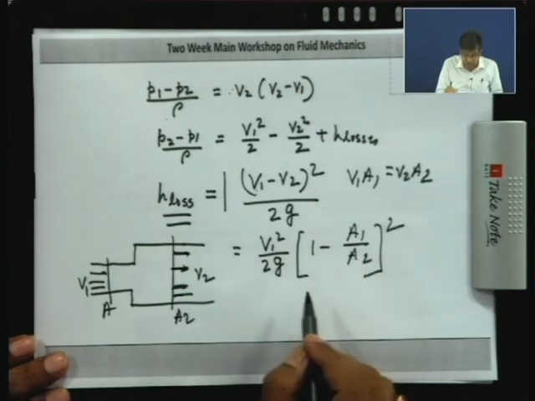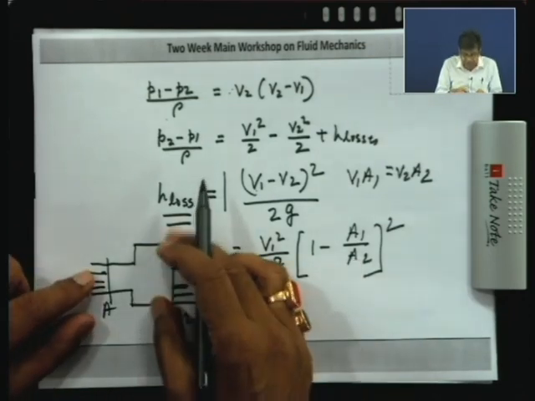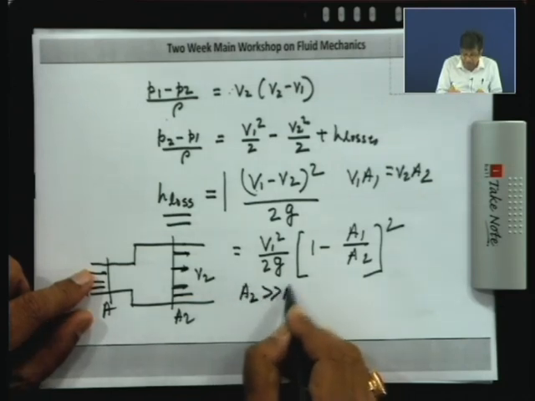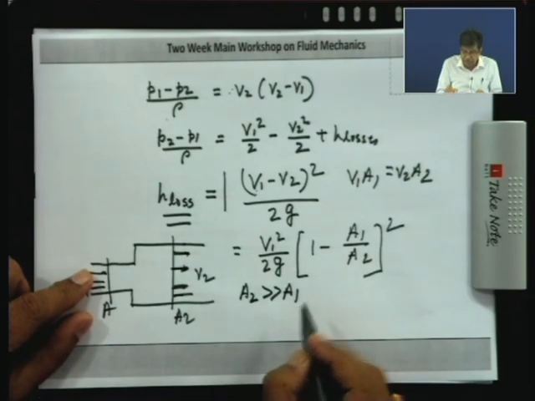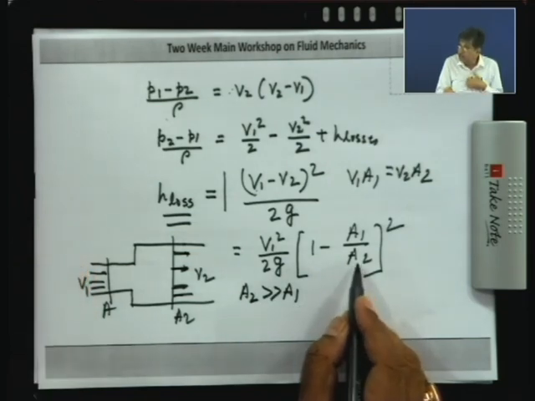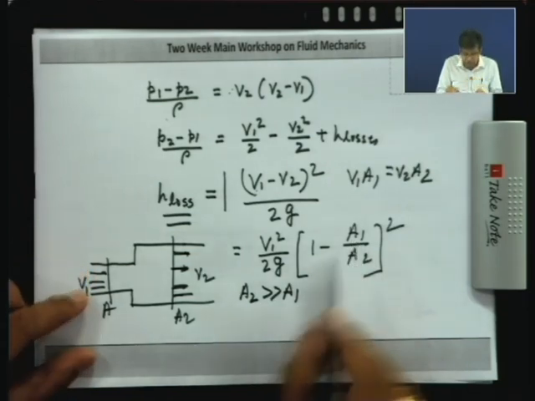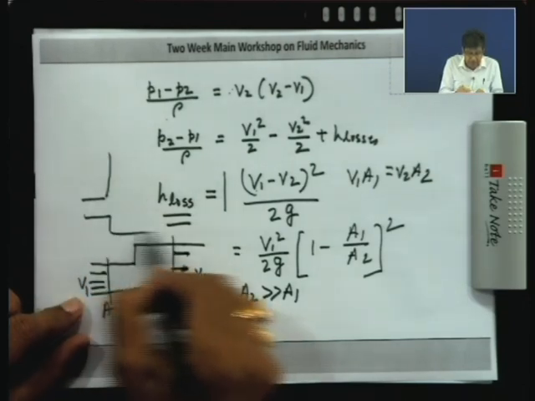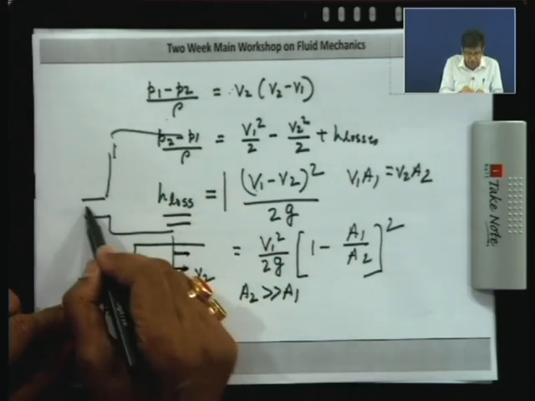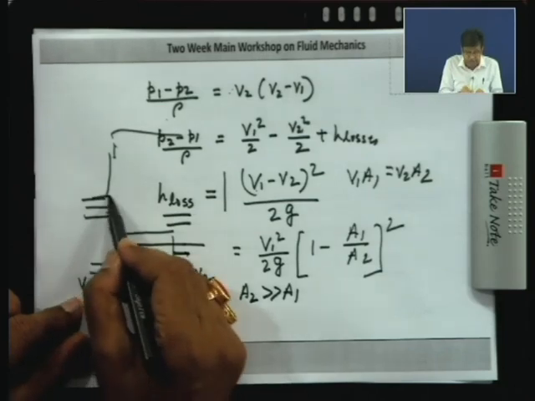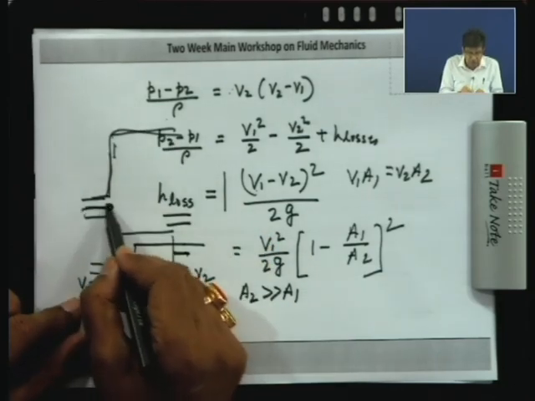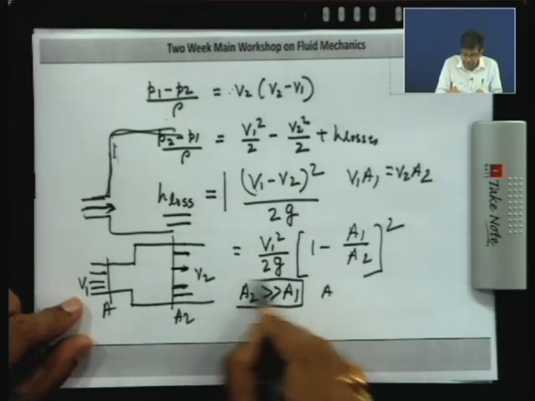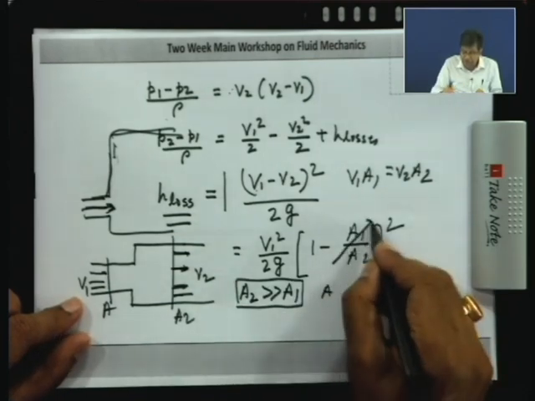If you write this way and see that if this A2 is very, very greater than A1, that means A2 tends to be a very big value compared to A1, which represents a case of exit. That means, this goes to a big tank from a small pipe. When exit means physically from a small pipe it goes to a big tank. So, A2 very, very greater than A1 is the case of exit, then this becomes 0.